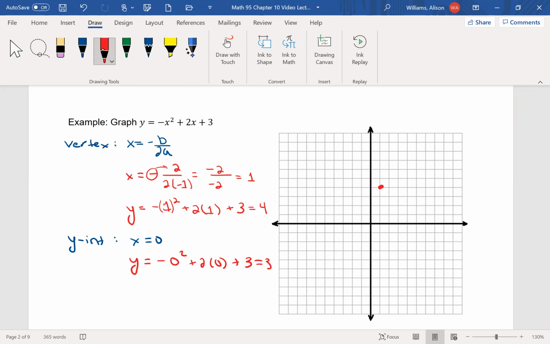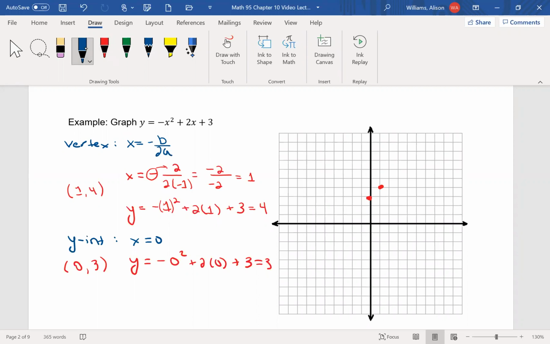So that is the point. Oh, here, I should have written out the fact that the ordered pair here is 1, 4: 1 for x, 4 for y. So here I'm getting the ordered pair 0 for x, 3 for y, right? I plugged in 0 for x, I got out 3 for y. Okay, so 0, 3. So that happens to be the same y-intercept that we saw earlier.